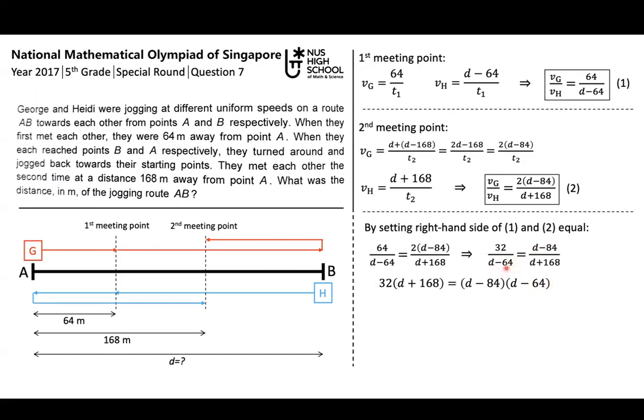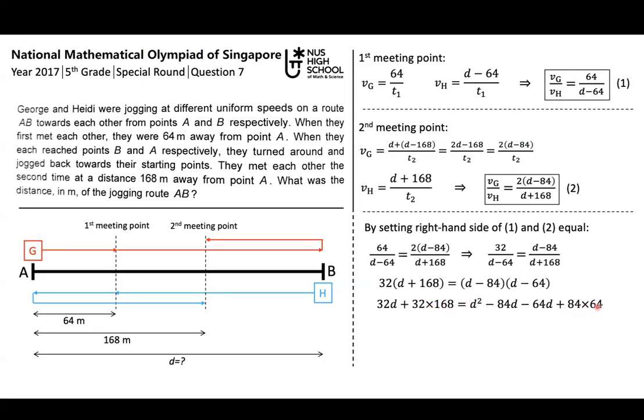Now, let's multiply it through by opening up the brackets. What we have is 32d plus 32 times 168 equals d squared minus 84d minus 64d plus 84 times 64. Keep in mind that 84 times 64 is the same as 32 times 168, because 168 is nothing but 2 times 84, and if you multiply 2 with 32, you get 64.